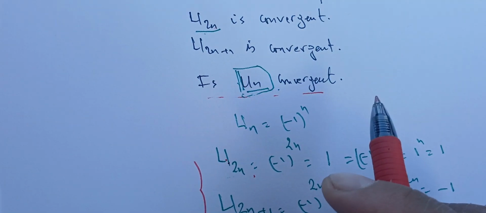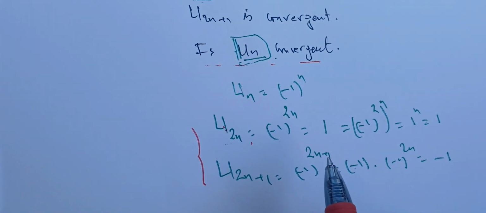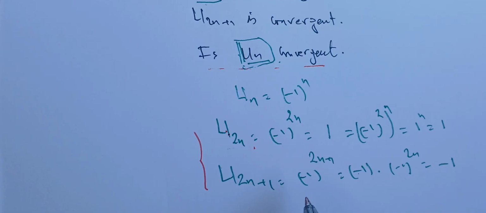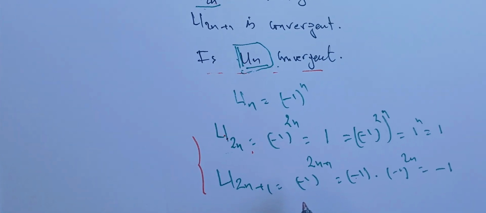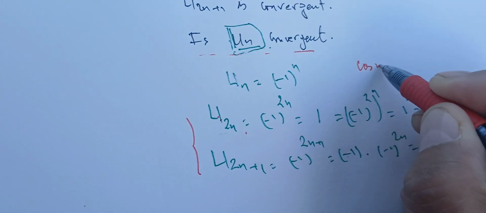And this answers the question: is u_n convergent? No. So we found the sequence that we need. We can find another sequence based on the cosine of n.